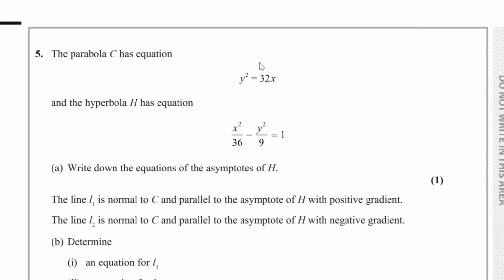Question number 5. The parabola C has equation y squared equals 32x, and the hyperbola H has equation x squared over 36 minus y squared over 9 equals 1. Let's just call this equation 1, and let's call this equation 2.